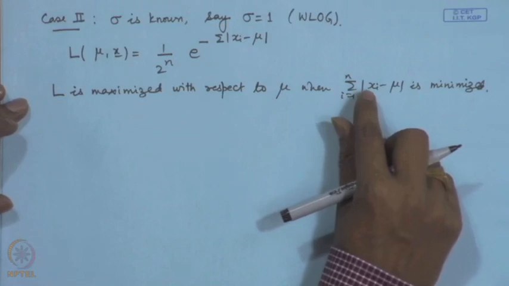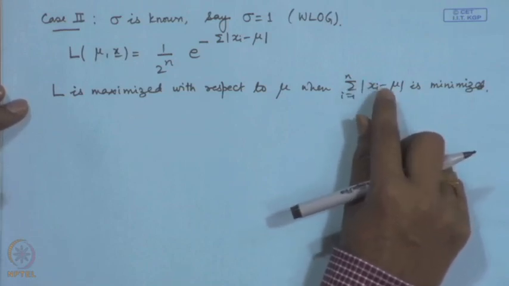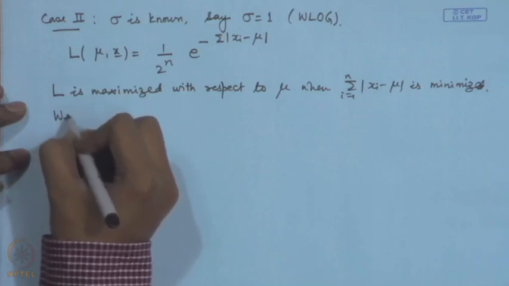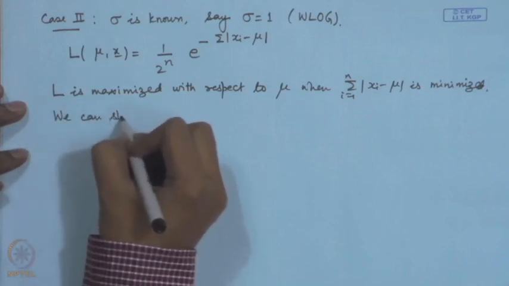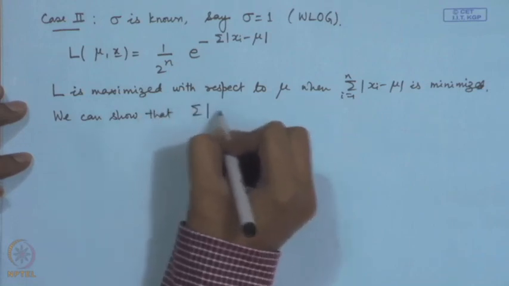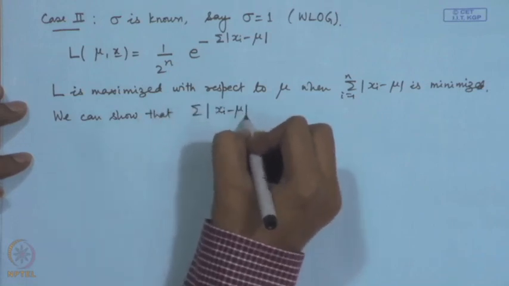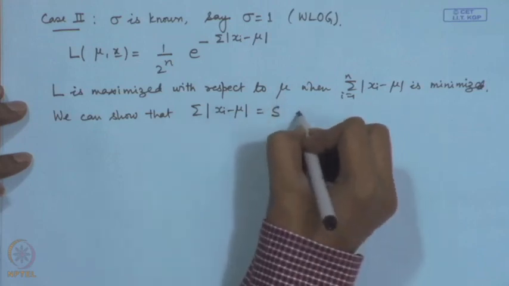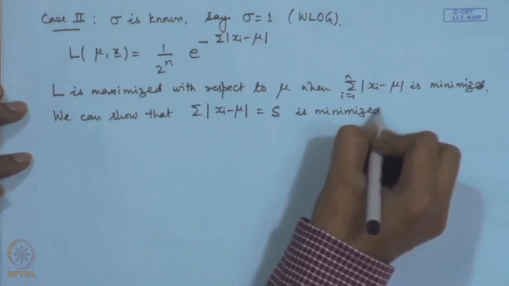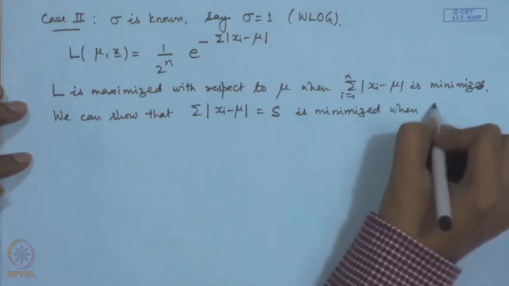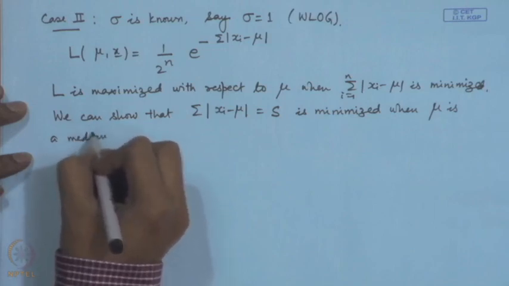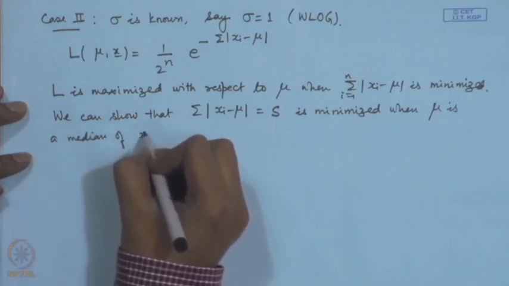Therefore, you can't use the usual differentiation procedure here. However, we can give a direct argument. We can show here that sigma modulus of x_i minus mu, let me call it S, is minimized when mu is a median of x_1, x_2, ..., x_n.